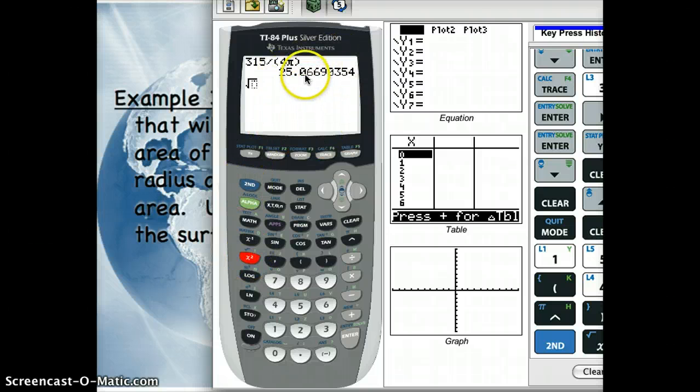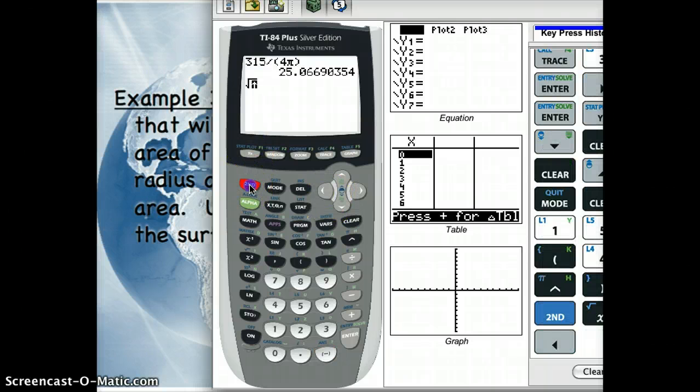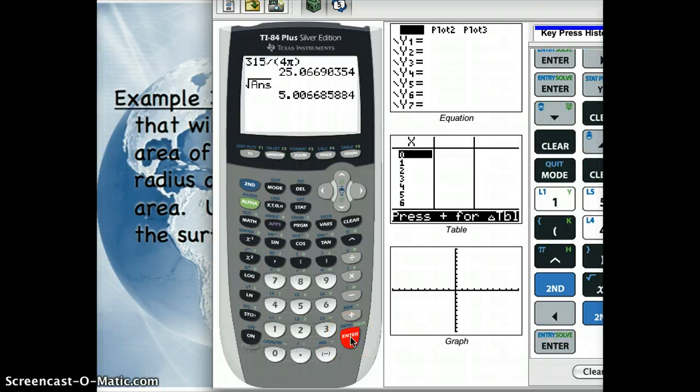Just go to the ANS, answer, above the negative sign. Square root of answer. But you have to remember to hit second, otherwise it's not going to work. So second answer, and then hit enter. And it gives you an approximate square root, about 5.007.